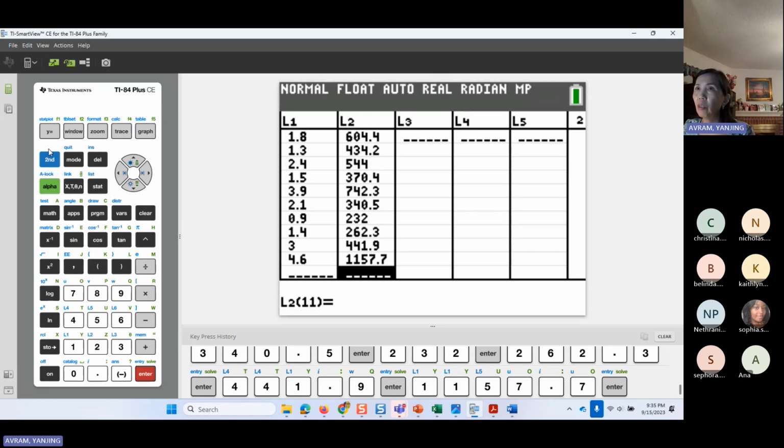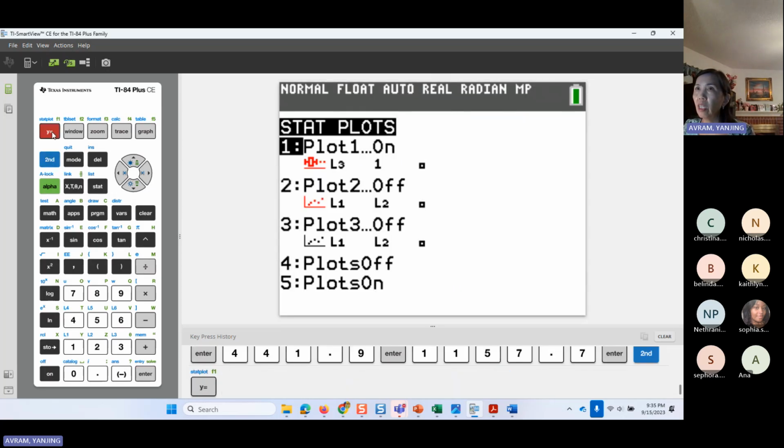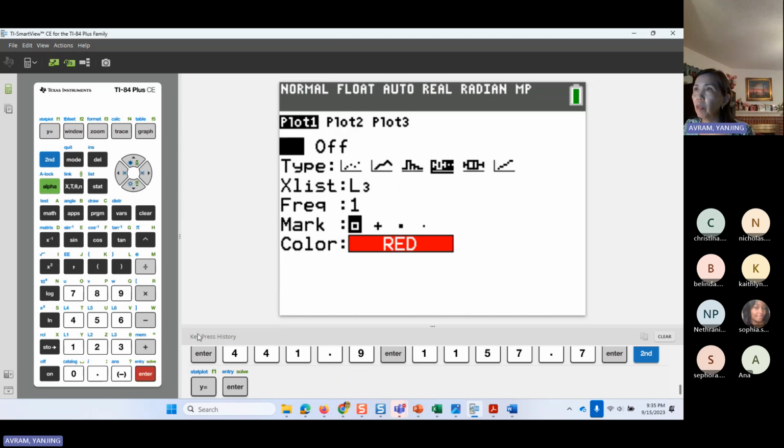Okay, so now we go to do the second stat plot. Remember we have to turn the scatter plot on, otherwise the default is off, right? So we want the On to be highlighted. Now the first one is the scatter plot. Okay, usually the default X list should be L1, right?